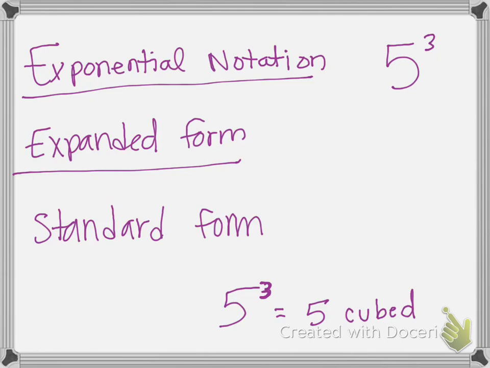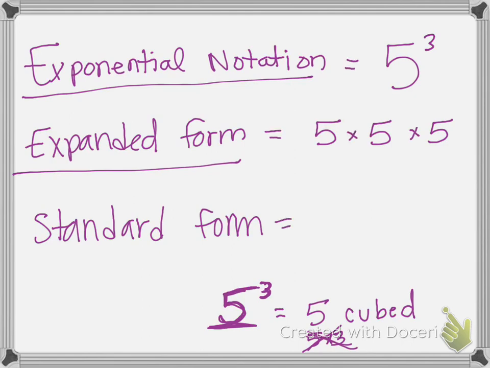If I expand it, I say that I'm using this 5 and I'm timesing it together, the base number, 3 times. So I'm not going to say 5 times 3. That would be incorrect. I'm using the base number and writing it 3 different times. So that would be expanded form.